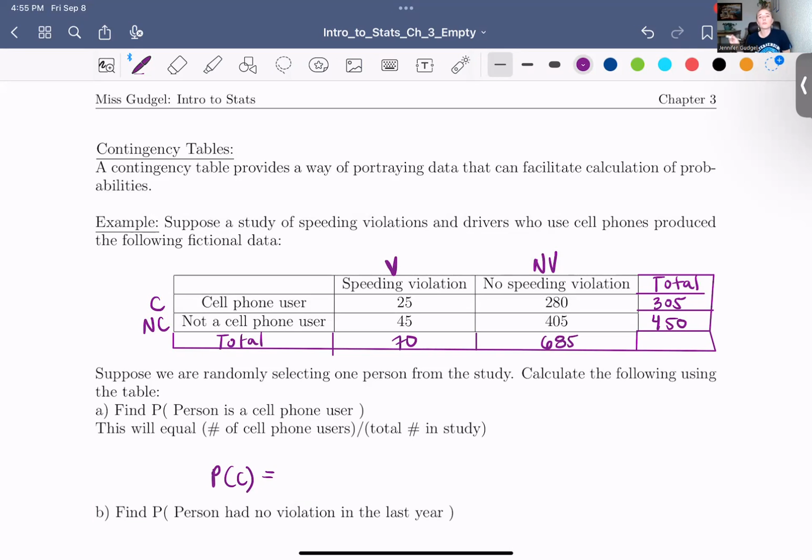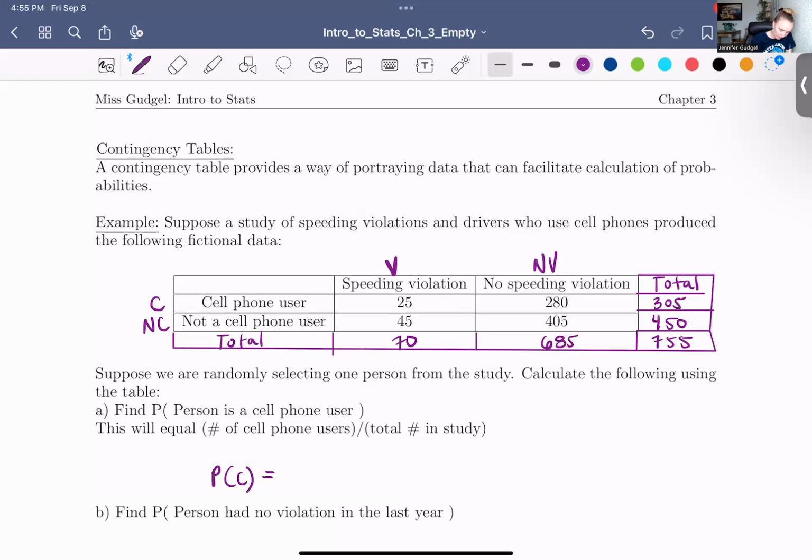And then the total number of people in the study altogether can be found by either adding 305 and 450 to get 755, or by adding 70 and 685. We could add across instead, and either way, we'll get the 755.